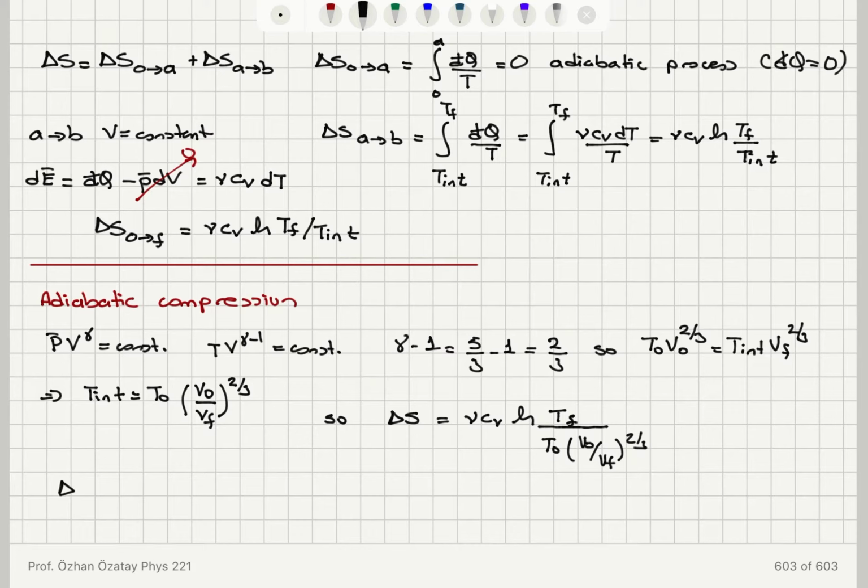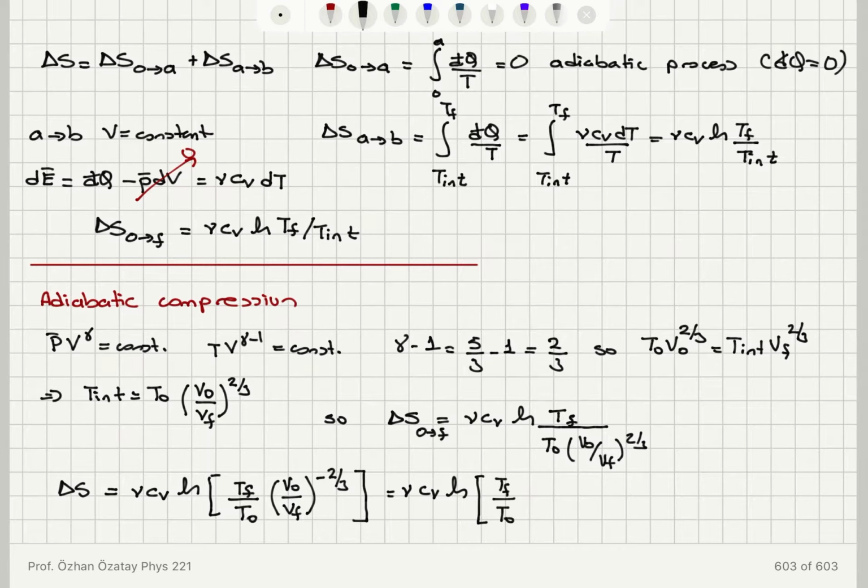So I can write this entropy change from initial state to final state as nu CV natural logarithm T final divided by T0 V0 divided by V final to the power minus 2 over 3. Or I can write this as nu CV natural logarithm T final over T0, V final over V0 to the power 2 over 3.